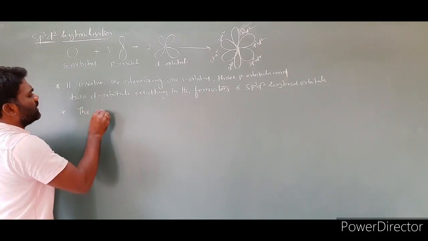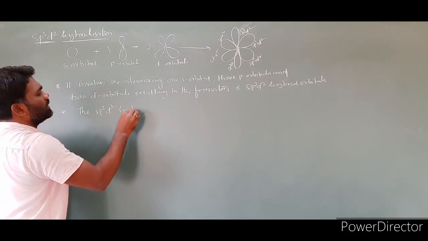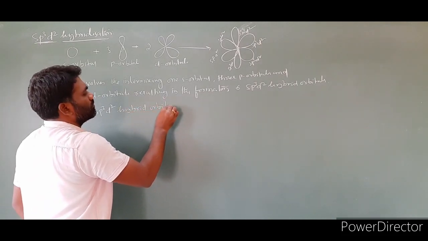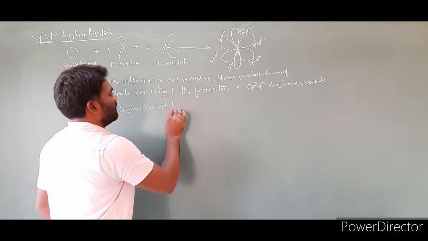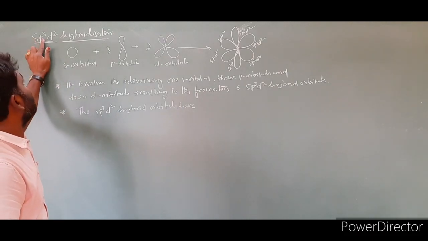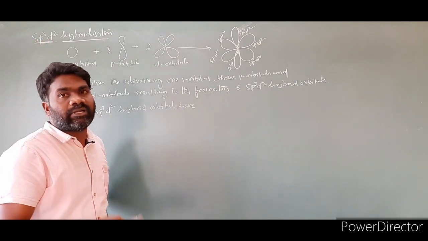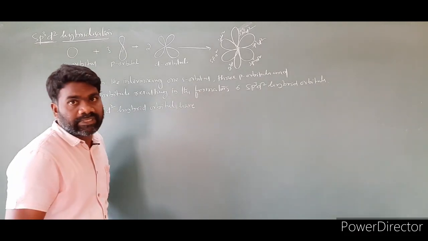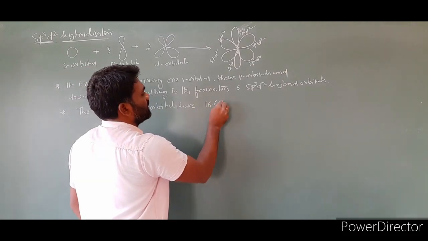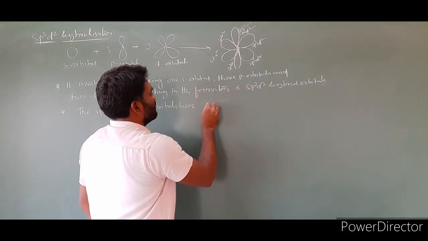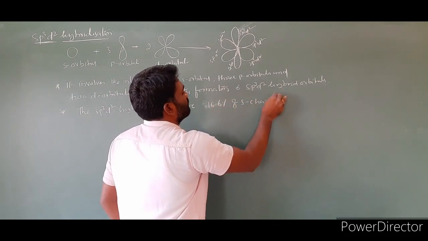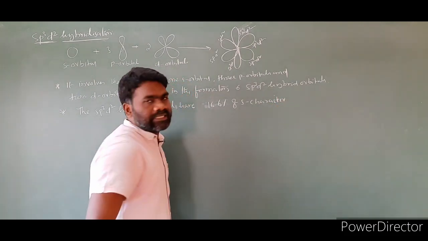Total how many orbitals are there? 1 s, 3 p, 2 d, total 6. So 100 divided by 6, each one is around 16.6%, and s is only one. So the sp3d2 hybrid orbitals have 16.6% of s character.